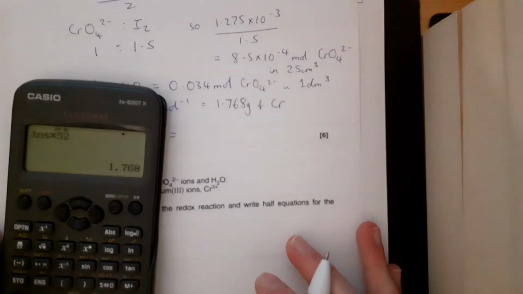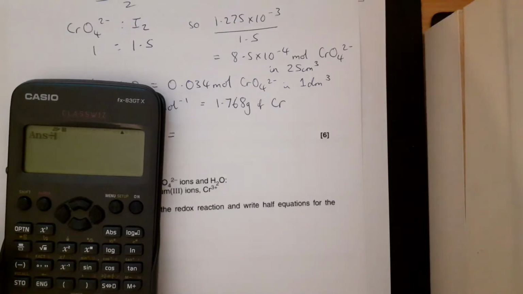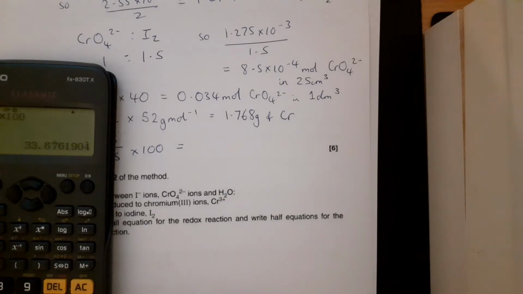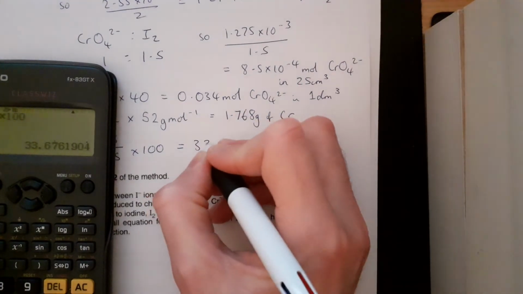So let's work that out. 33.6. Well, what was it saying? 1 decimal place. Okay, so it's 33.7%.